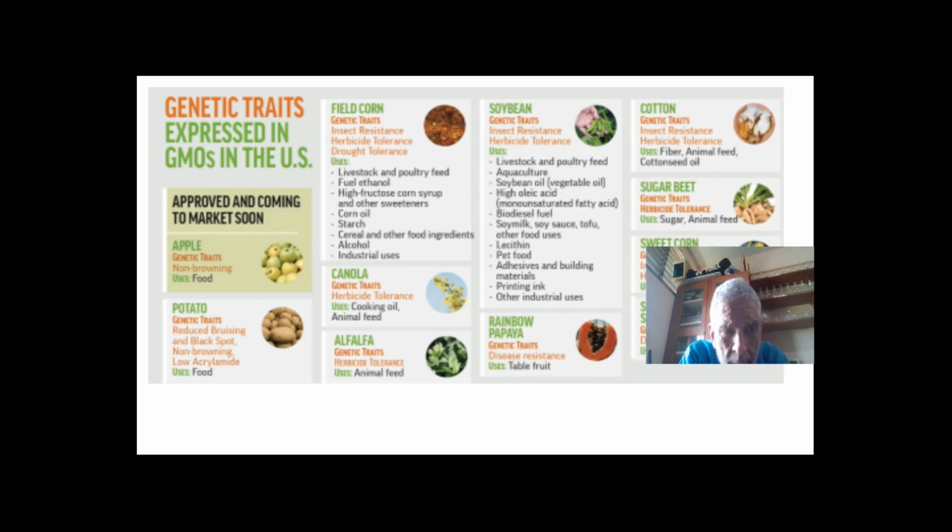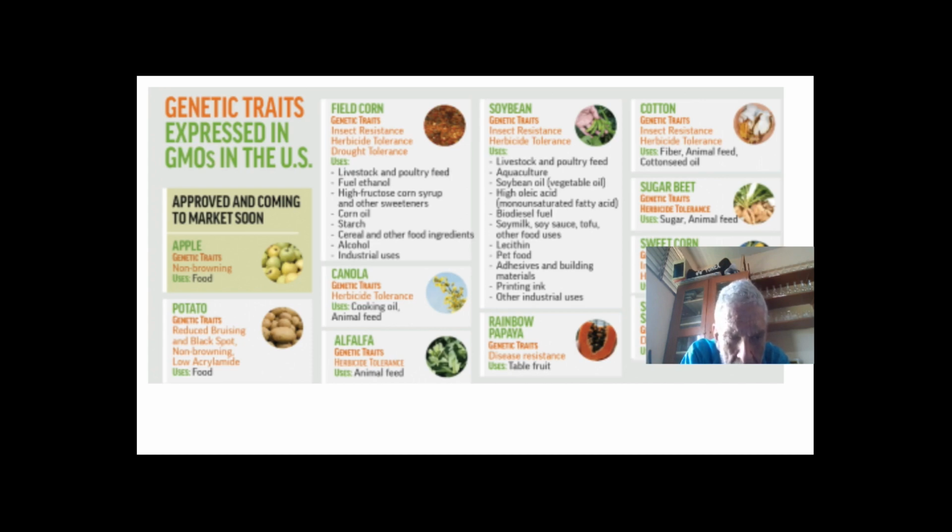Other ones worth mentioning, which will be approved and coming soon, we have apples which don't turn brown. If you use such apples, we couldn't use it for the bio-experiment on enzymatic browning, of course.